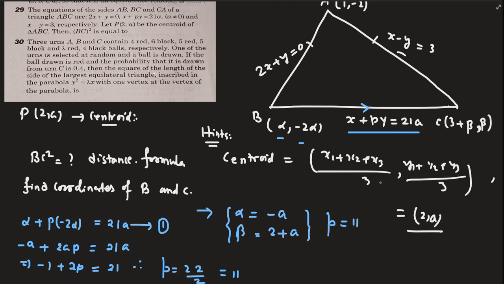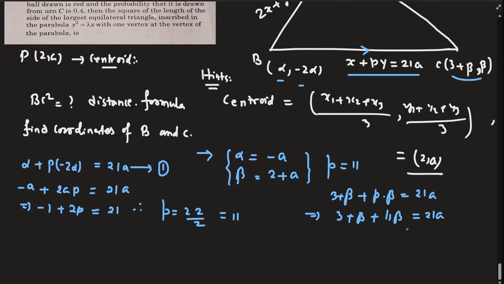Okay, now if you put these coordinates here, you can also find the beta value. So now here x is 3 plus beta, p times y beta, which is equal to 21a. So 3 plus beta plus 11 times beta equals 21a. So 3 plus 12 beta, which is equal to 21a.